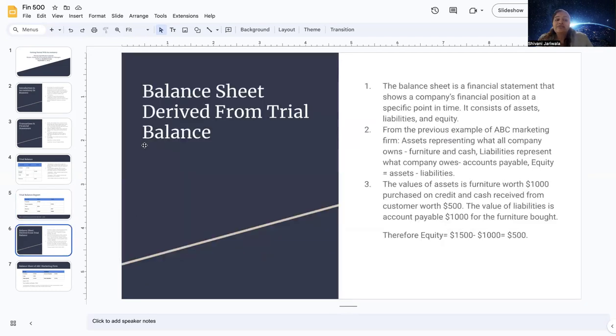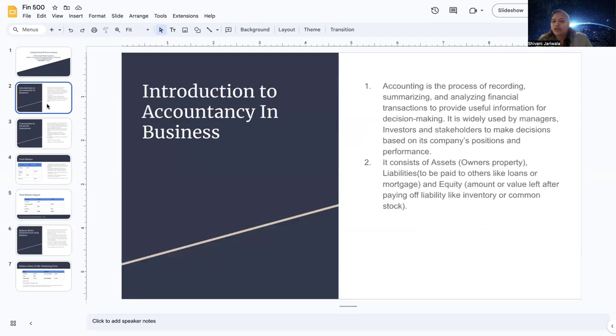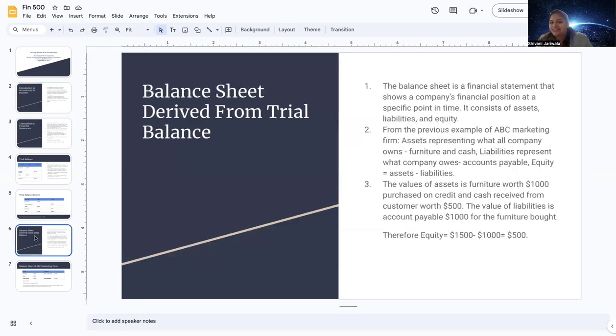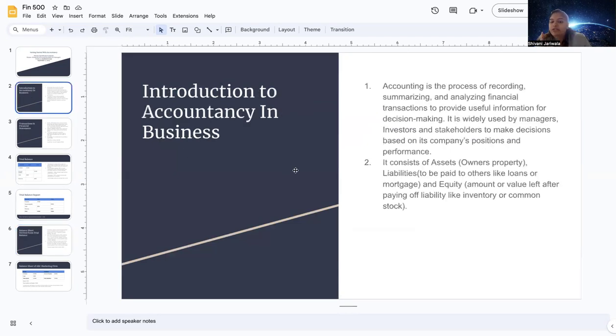Now, as from the first slide, when I was talking about accounting is about balance sheet, now let's understand what is a balance sheet. Yes, it is a financial statement that shows company's financial position at a specific point in time. It consists of assets, liabilities, and equity, which we already spoke about over here. Accounting is basically assets, liabilities, and equity.